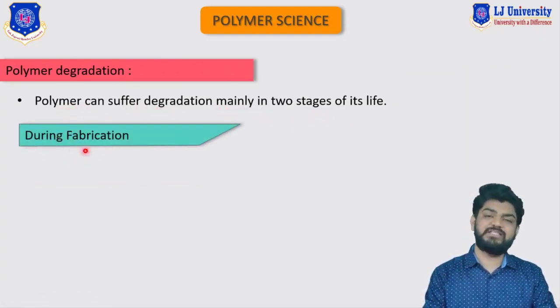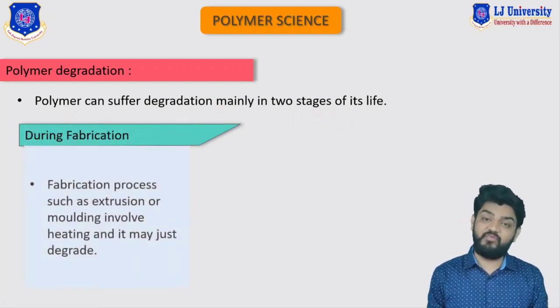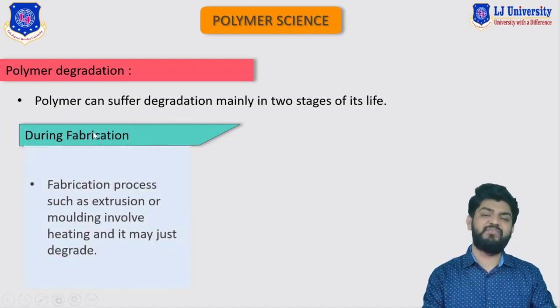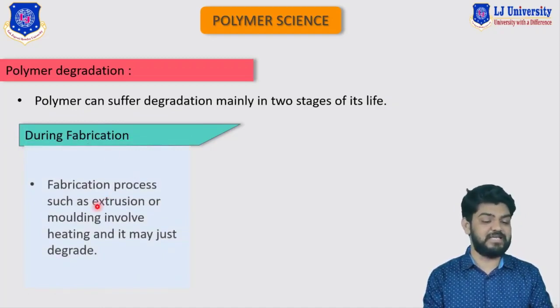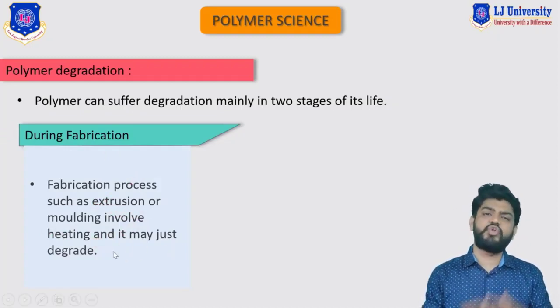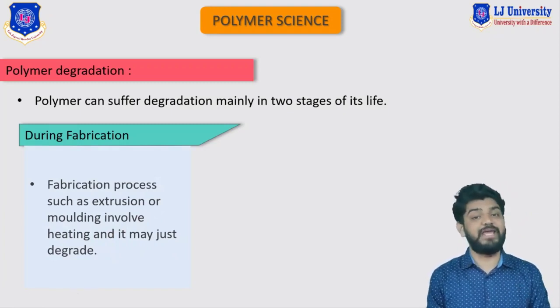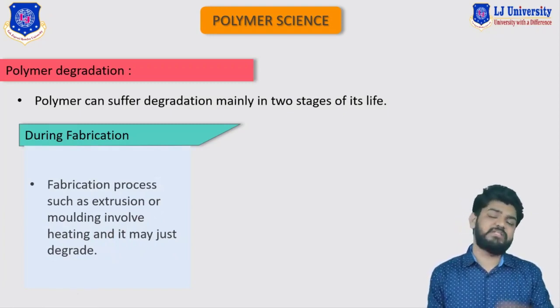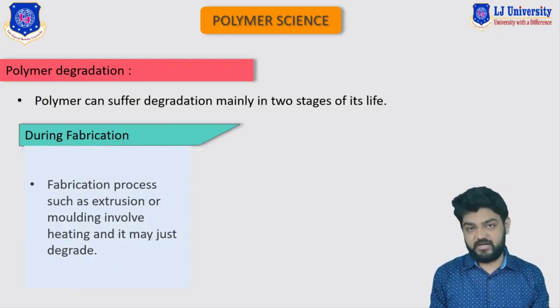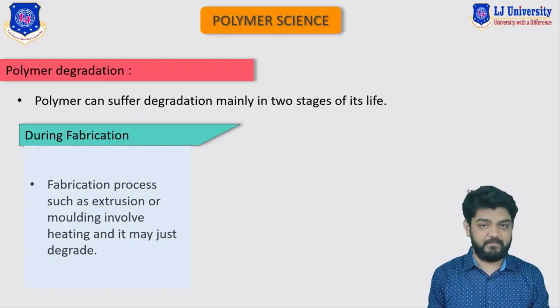The first one is during the fabrication, or manufacturing, of the polymer, in which fabrication processes such as extrusion or molding involve heating and may lead to degradation. During manufacturing, the monomers need to undergo heating, which some polymers cannot sustain, and they simply degrade during the formation step, or fabrication step.